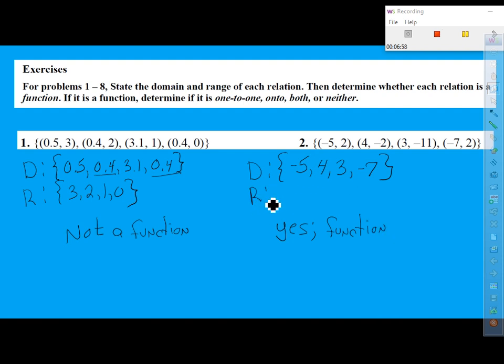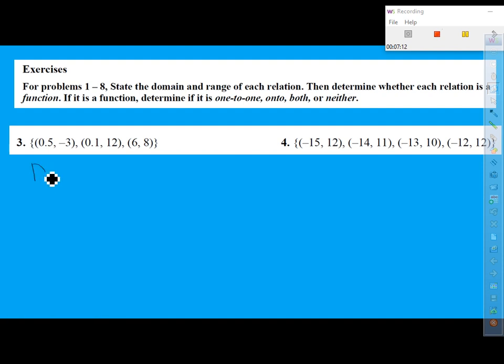My range then will just be the y values. 2, -2, -11, and 2. You could list it or you don't have to. Same thing with number 3. My domain is going to be 0.5, 0.1, and 6.